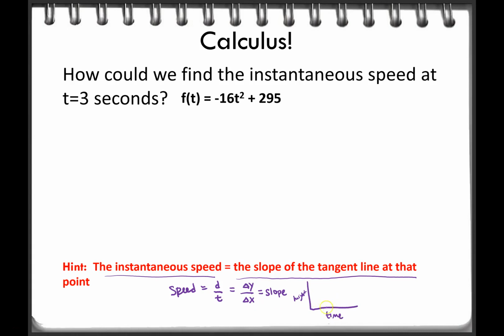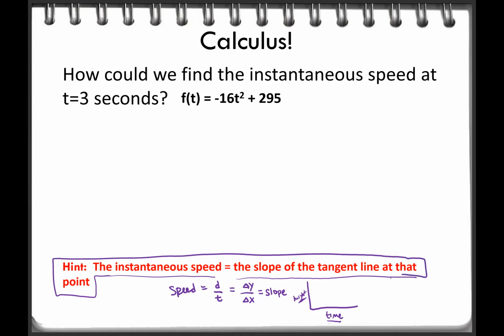If we subtract heights, that tells you how far something has traveled, the distance, divided by the x, which is time. So speed, or you could even say velocity (speed is the absolute value of velocity), is going to be the slope of the tangent line at that point. This is definitely something that you put to memory.